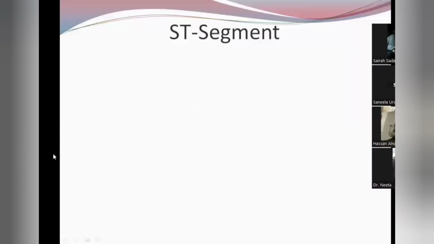Now, the ST segment, it's very easy. Either the ST segment is normal, touching the baseline, or there may be ST segment elevation, or there may be ST segment depression. There are different shapes or morphologies of the ST segment. First of all, the ST segment shows the early part of ventricular repolarization.